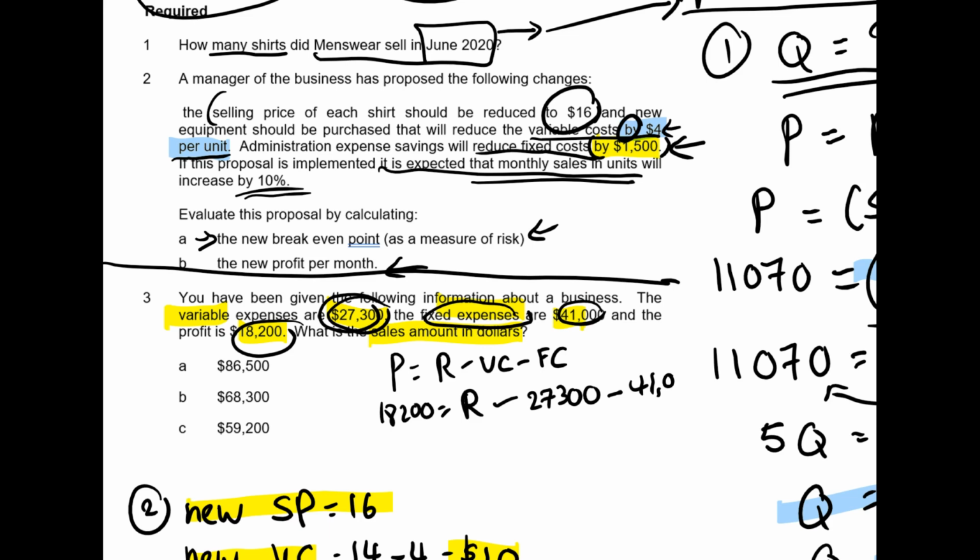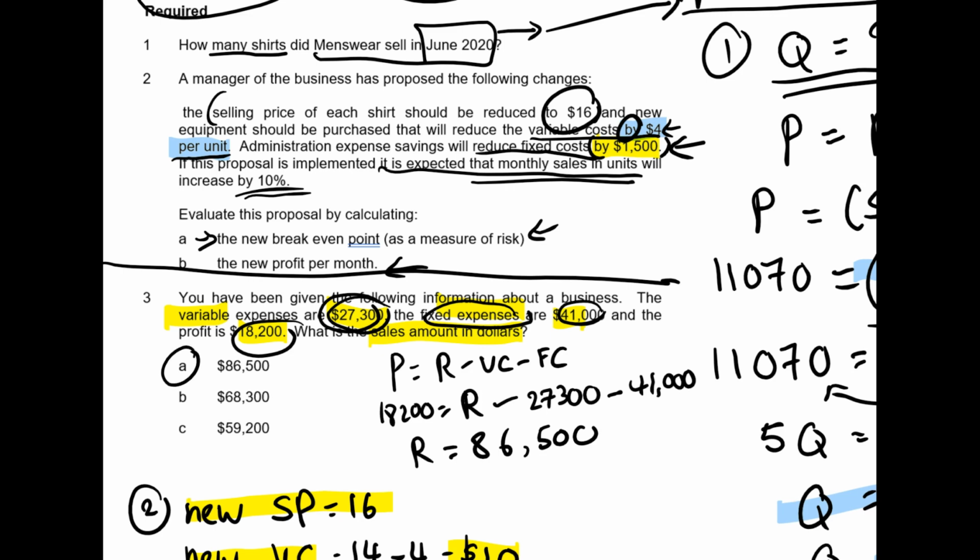So just reconstruct this formula. You will get revenue equals 18,200 plus 27,300 plus 41,000. So your revenue equals 86,500. Simple mathematics. So the answer is A.